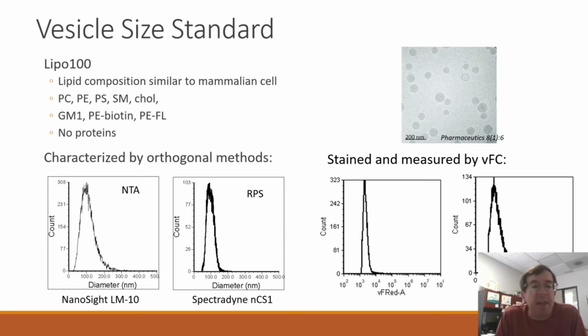Notably, it has lipids in it, but no proteins. We can take this liposome preparation and characterize it by orthogonal methods such as NTA and RPS. And then we can stain and measure those vesicles by flow cytometry.